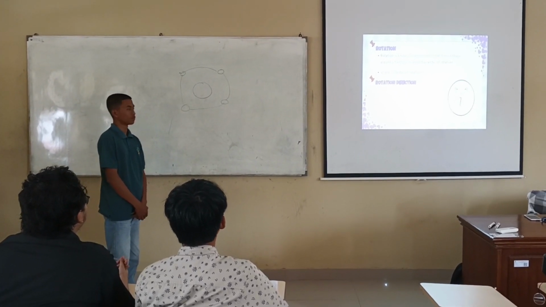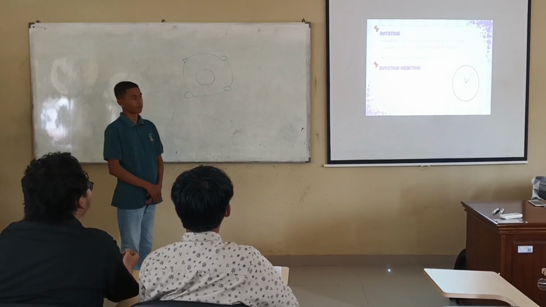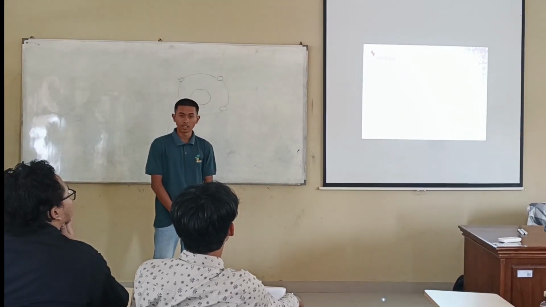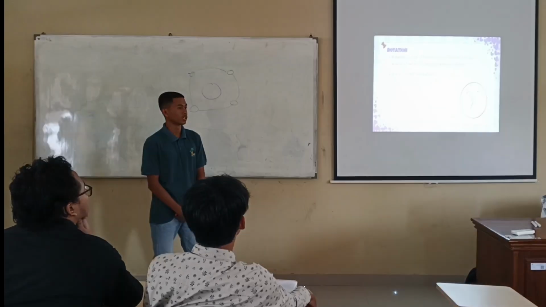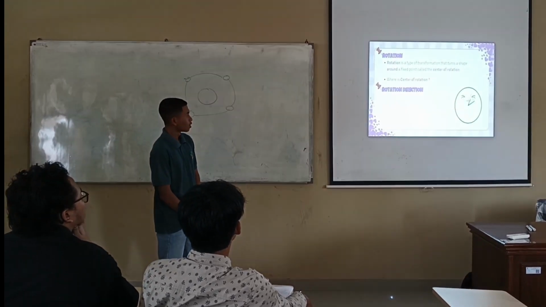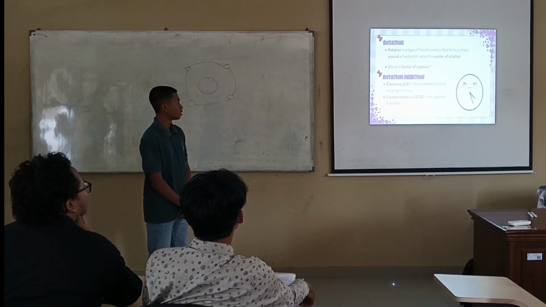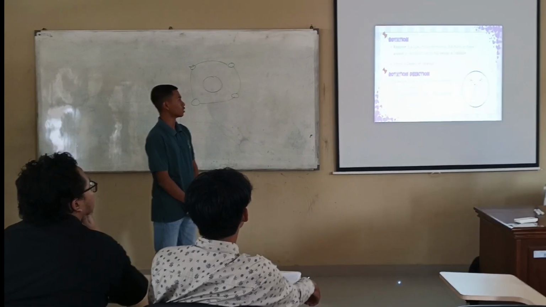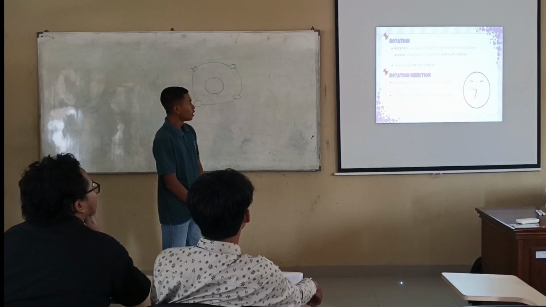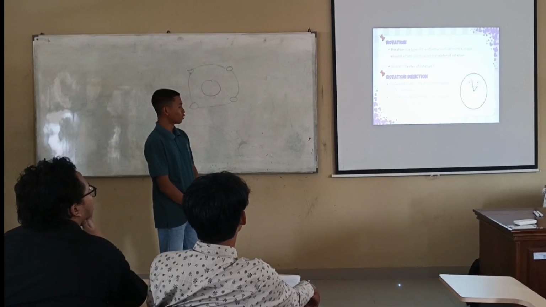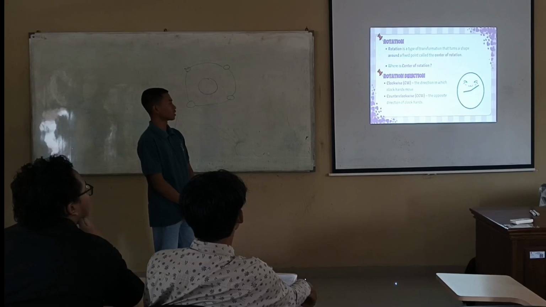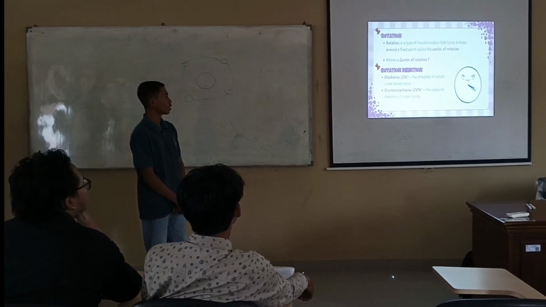The earth. That's right. After that, we have two directions of rotation. Clockwise is the direction in which clock hands move, and counterclockwise is the opposite direction of clock hands.